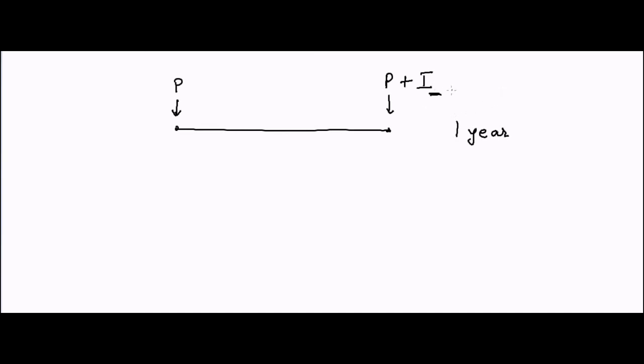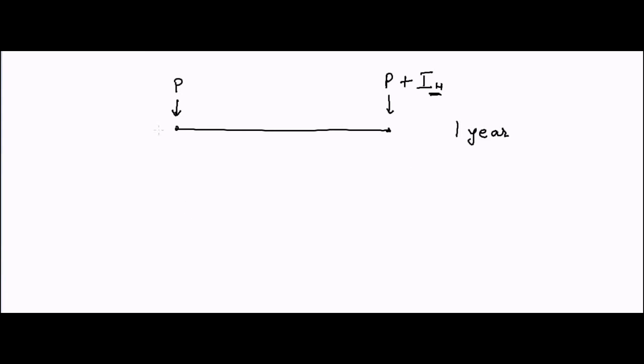So suppose right now the interest rates are very high. In that case you will get a high interest, IH. So instead of putting the money in the bank and getting IH, you can also buy a bond here.